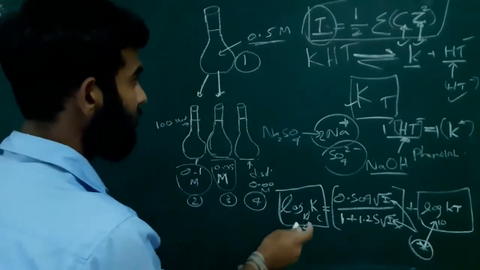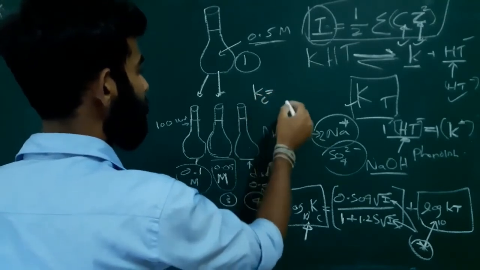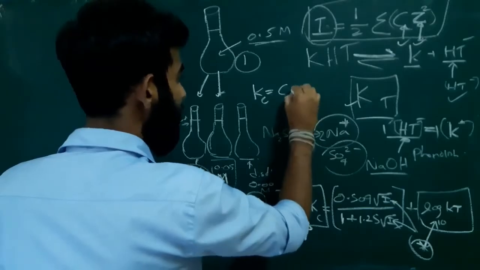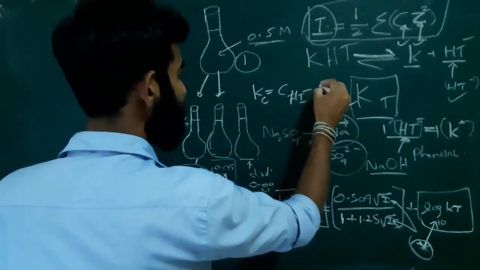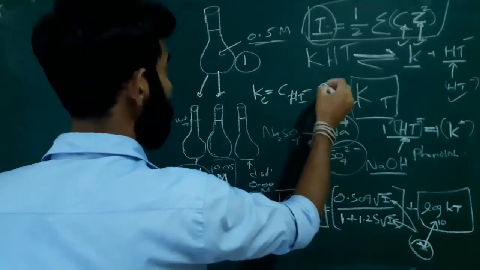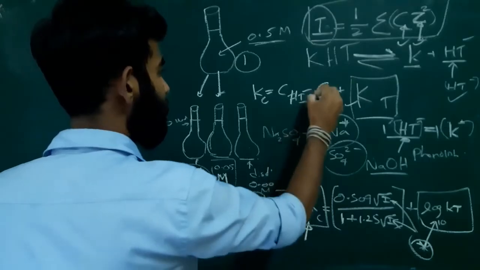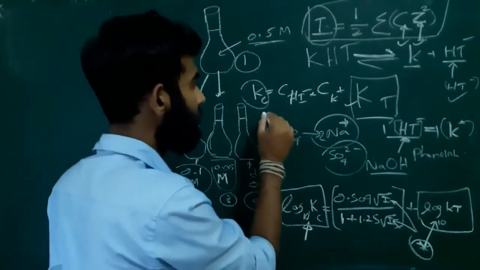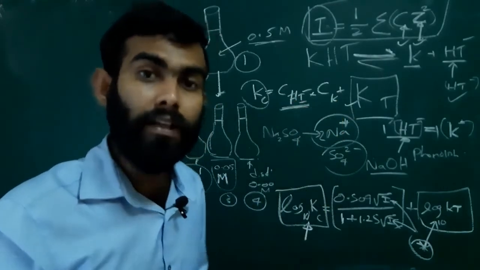To get Kc, we have to know the concentration of hydrogen tartrate anion and the concentration of our potassium ion. Their product will be Kc. So we have to calculate the HT minus concentration. That is the aim of this experiment.